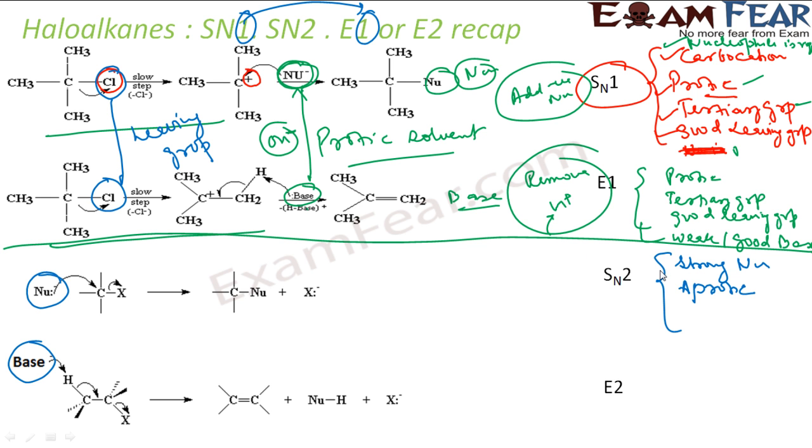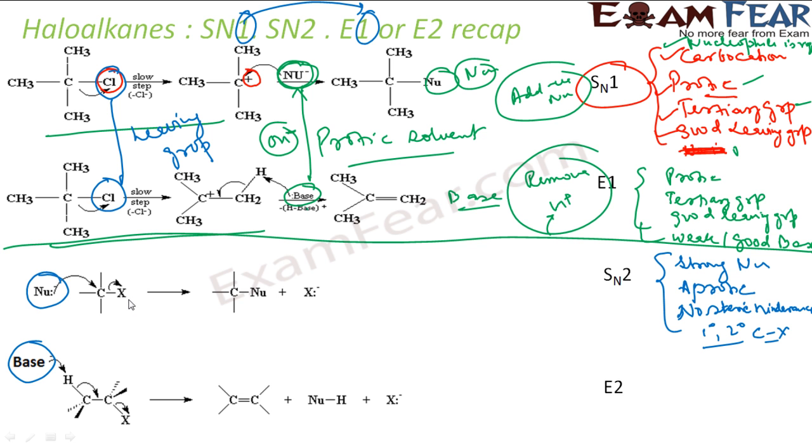So I'll go for an aprotic solvent, correct? Now, since in this SN2 reaction the nucleophile has to attack the carbon, it is good that steric hindrance is not there. No steric hindrance. That means I am looking for a 1 degree or 2 degree C-X bond, correct?